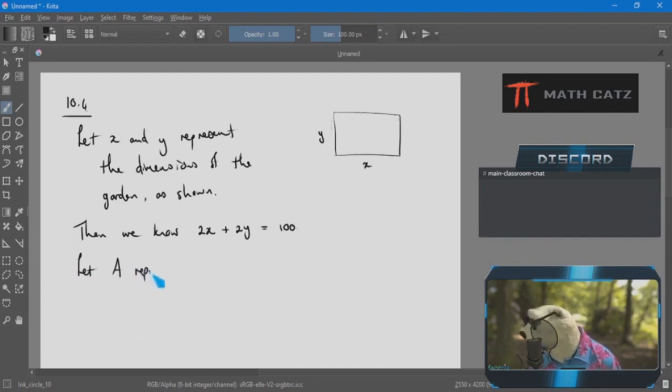Let A represent the area of the garden. You don't have to write your sentence super detailed, but you need a sentence. Any variable that's going to be used needs to be defined before I use it. Then I can say, I'm going to have an area function, and the area is obviously x times y, right?